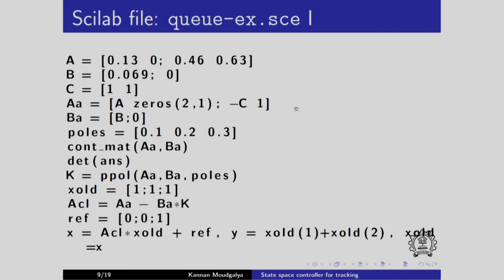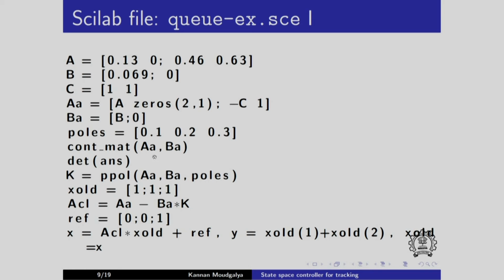Here is the Scilab code given here. A, B, C values are as given earlier. Here is the augmented A matrix, B matrix. As mentioned earlier, we try to place the poles at 0.1, 0.2 and 0.3.